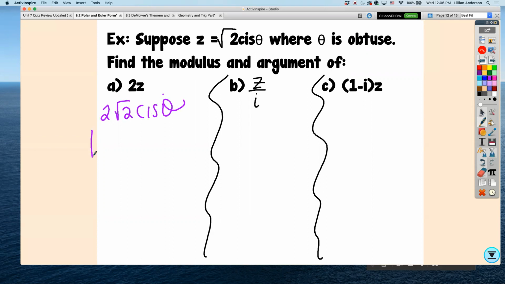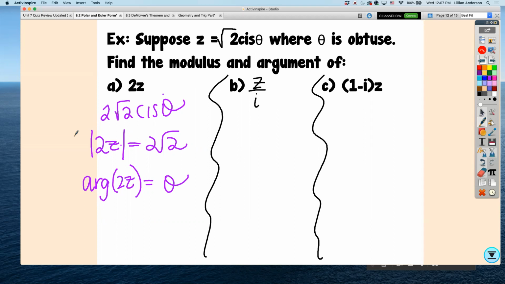So if I'm looking for the modulus of 2z, it's technically just what? 2 root 2. And then your argument of 2z would just be the angle, which is theta. That's it.